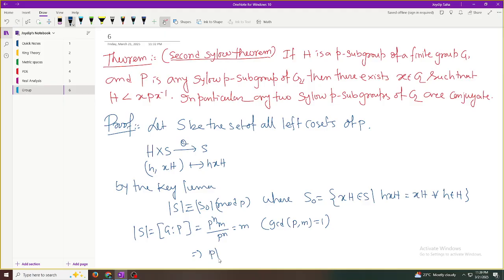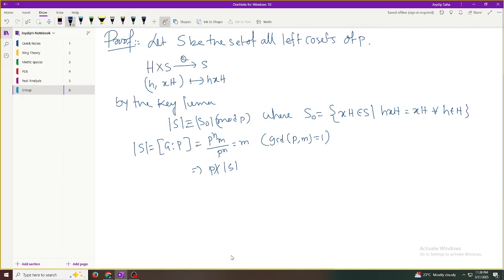So P does not divide S, right? Therefore P does not divide S0. This implies S0 cannot be 0, otherwise P will divide.